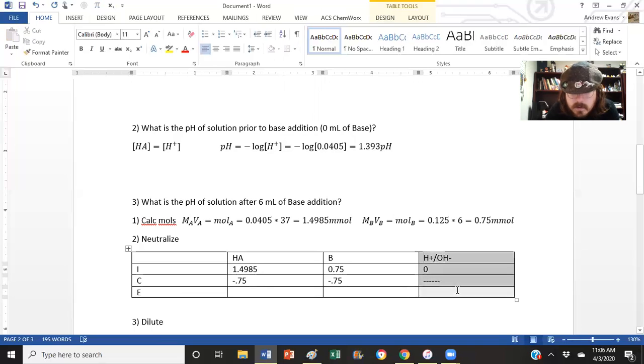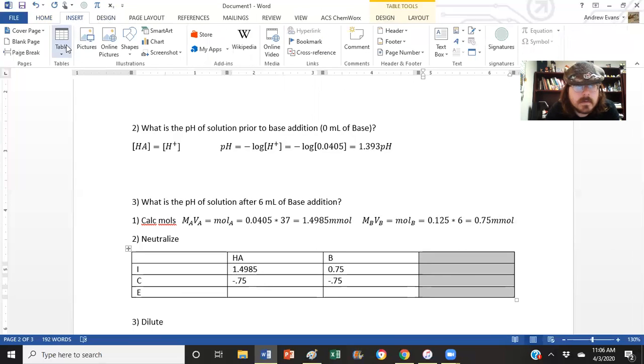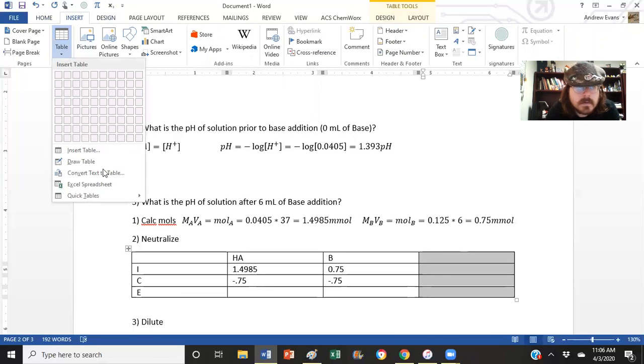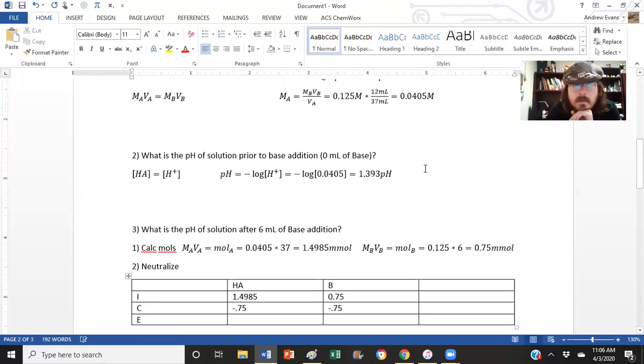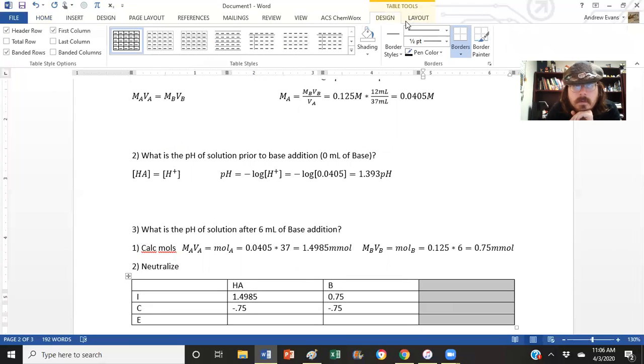Actually, we probably don't need that whole column. Delete that whole column. Let's see.